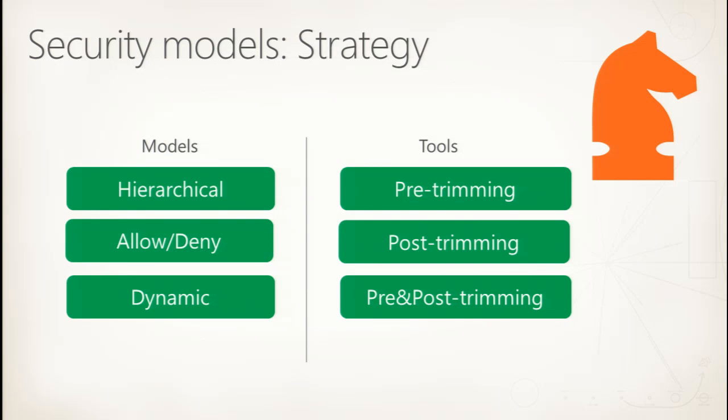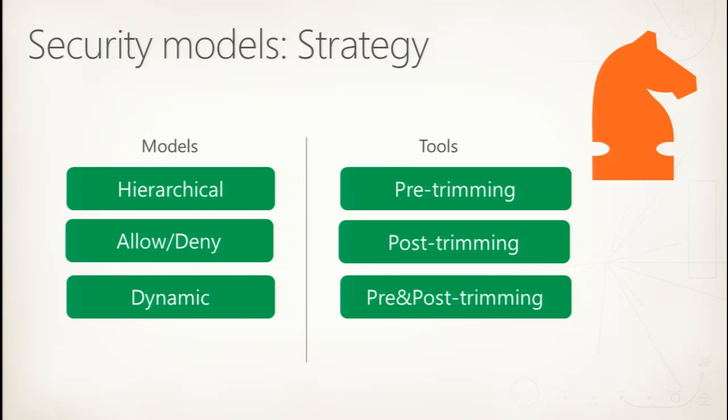Hierarchical and flat models are pretty simple, and usually it's possible to get the information we need to augment the content from such a model with the claims at index time. So hierarchical and flat models are usually quite suitable for pre-trimming.